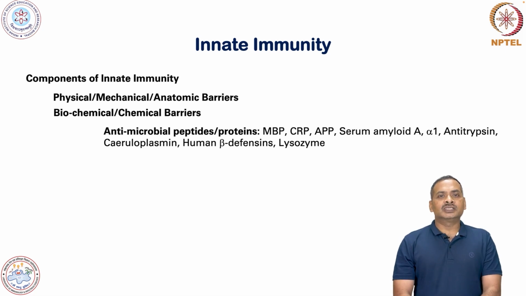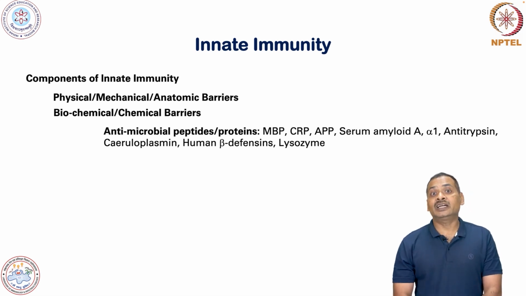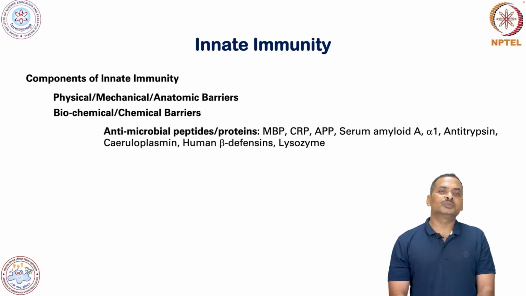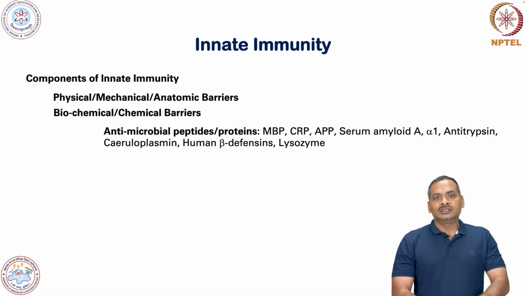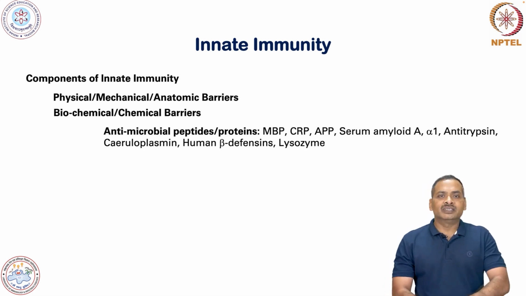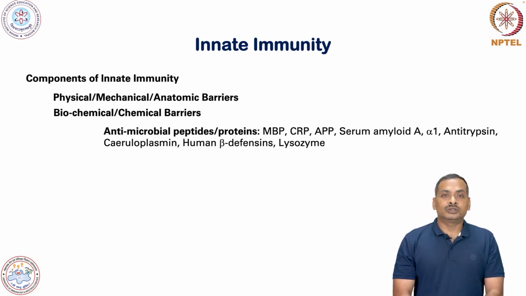Here you can see MBP, the mannose binding protein, which is a lectin family protein. You may have studied that lectins are proteins that bind to sugar molecules. As the name suggests, mannose binding protein binds to the mannose present on microbial pathogens. There is CRP, C-reactive protein, which is also produced to defend against microbial pathogens.